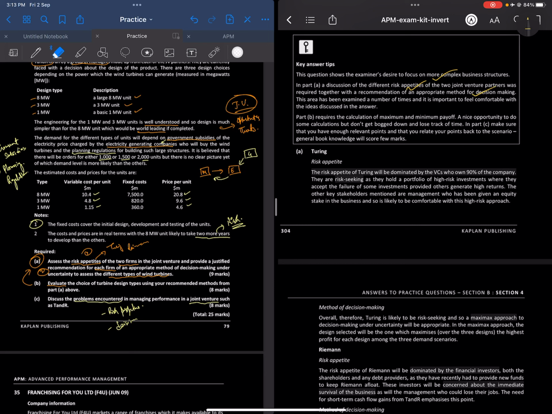This area has been examined many times and most of us should feel comfortable with it. Part B requires calculation of maximax and minimax payoff, right?